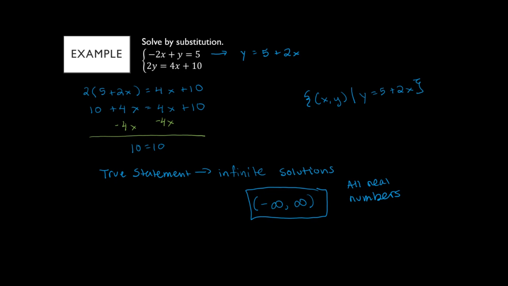We're basically saying any number that works in that equation is a solution. So there are 3 different ways to write your answer when you're indicating that there are infinite solutions. You can use interval notation, you can say just all real numbers, or you can write it as a set where you take your equation that's solved for a variable and you put it into the set notation.